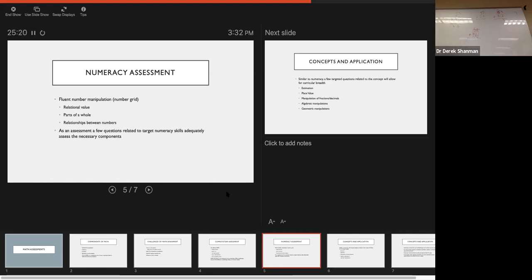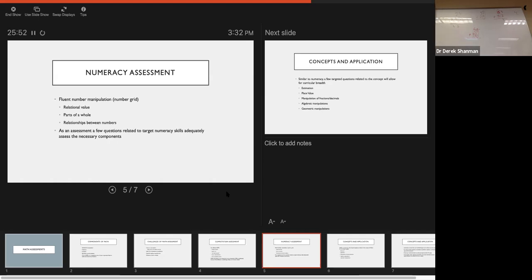So when it comes to numeracy assessments, the biggest question becomes, what is numeracy? What are we actually assessing? So numeracy itself is a collection of skills. If those skills are present, then we can say that a child has numeracy. All right. It's not a great definition by any stretch of the imagination, but it gives us something to work with.